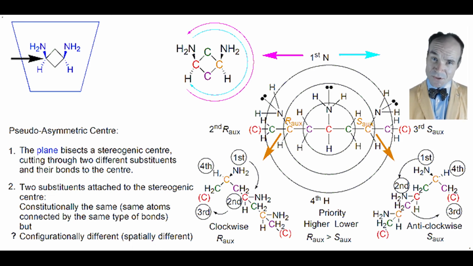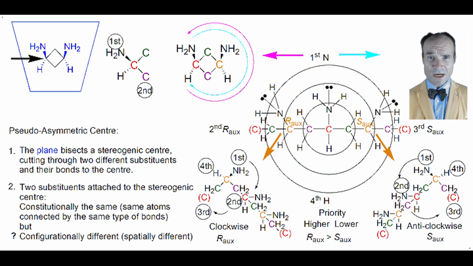But is it small r or small s? The highest, first priority is the amine coming out of the screen. Then the second priority is the lower ring purple carbon, due to the configuration of the orange carbon from there.